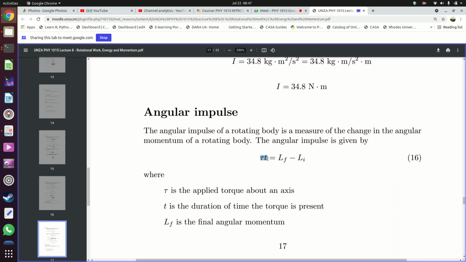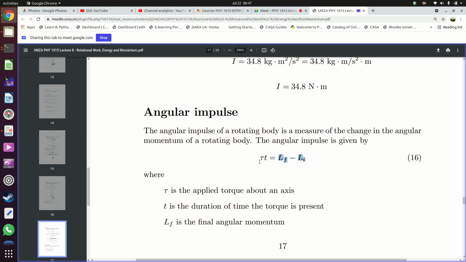This is the equivalent of Ft in a straight line, force multiplied by time. So instead of force, we put torque here. Torque multiplied by time is equal to the final angular momentum minus the initial angular momentum. This is just the change in angular momentum.